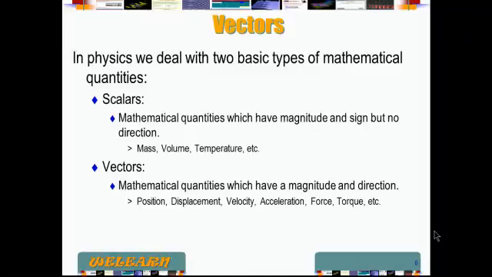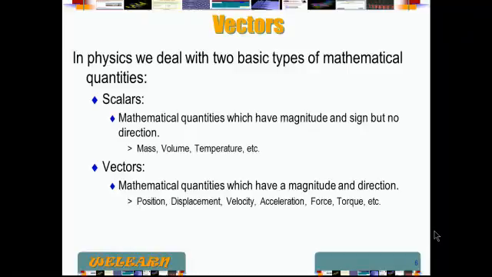In physics, we deal with two basic types of quantities. Scalars. These are quantities which have just magnitudes and sign, but no direction.